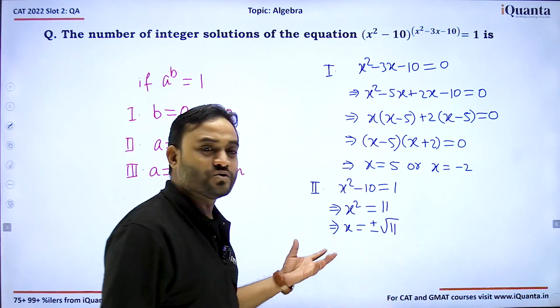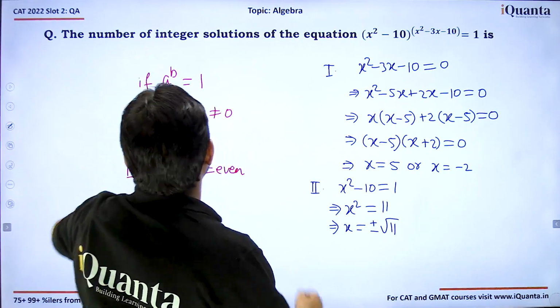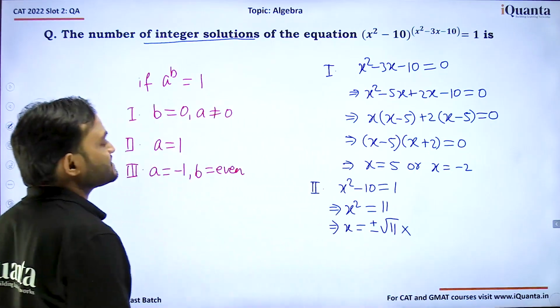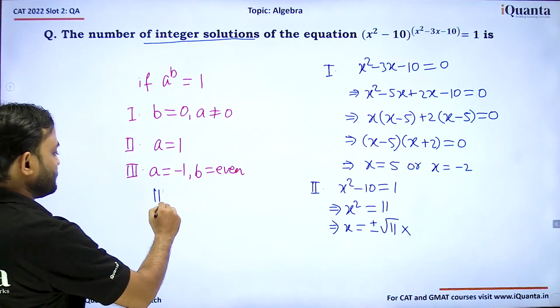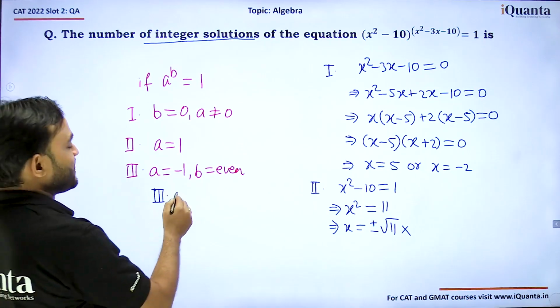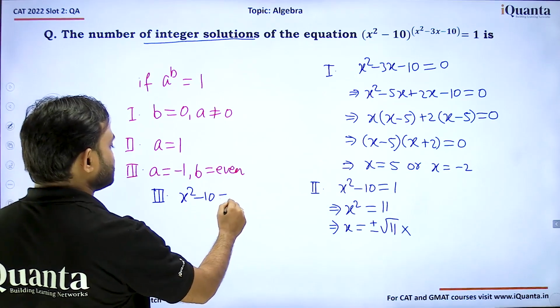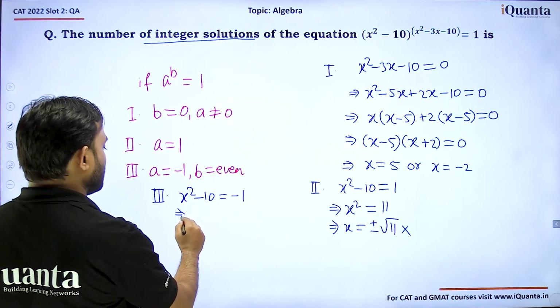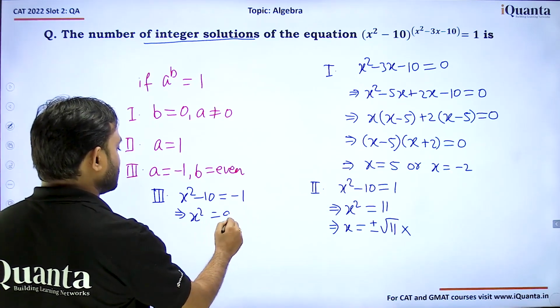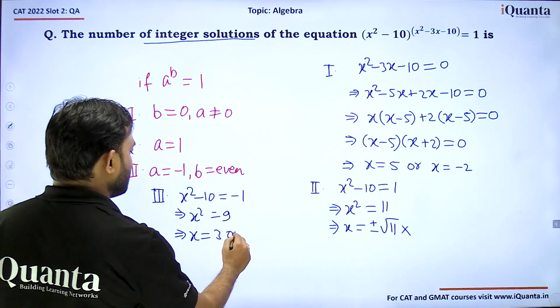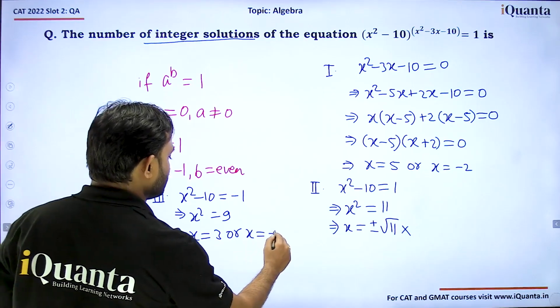So we don't need to consider this because it says number of integer solutions. Now third case, where we need to take a is equal to minus 1. So x square minus 10 is equal to minus 1, or x square is equal to 9. So from here we get x is equal to 3, or x is equal to minus 3.